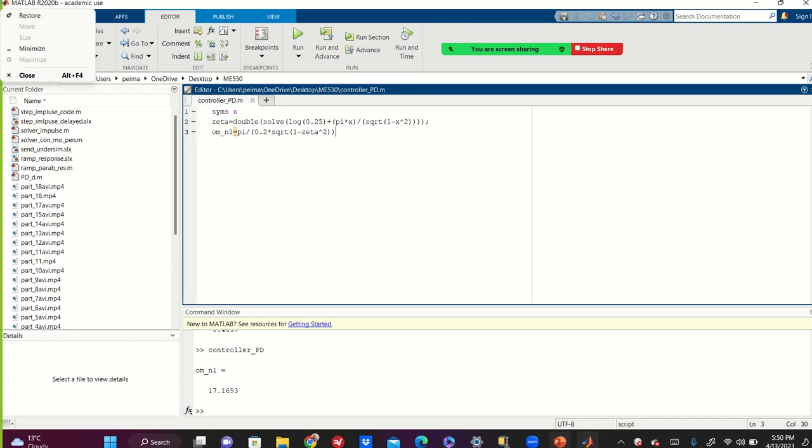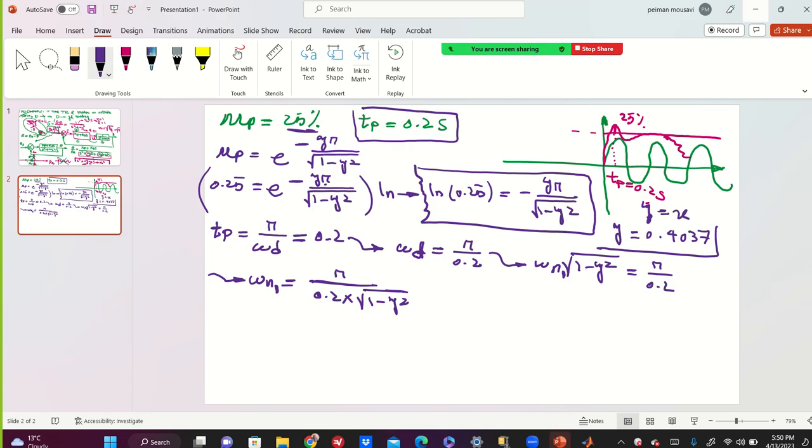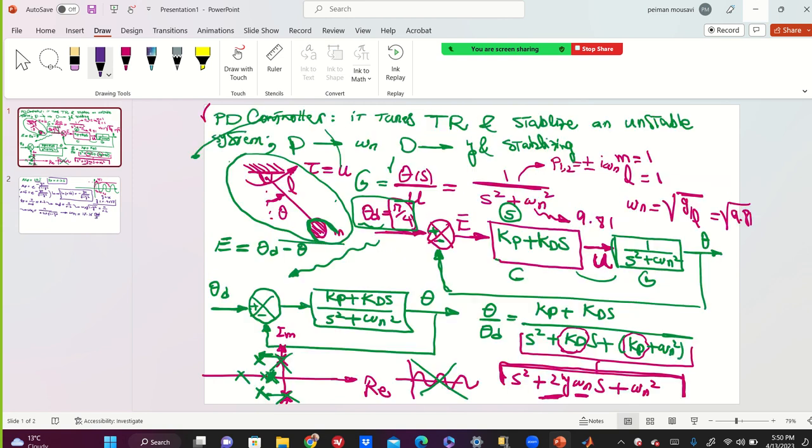By tuning the natural frequency, guys, I want to make a point: everything has a reason. So the tuned natural frequency is 17.16 radians per second. Guys, look here. The original natural frequency of the system was how much? This value, about 3.